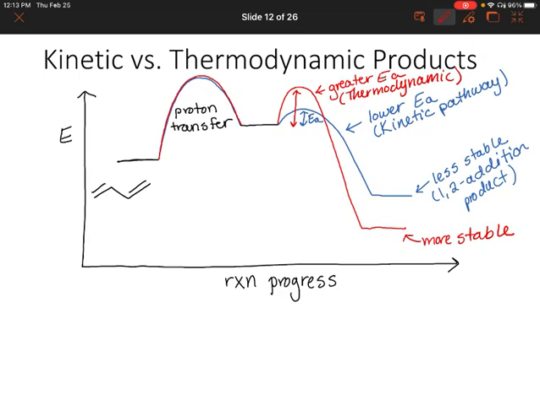It kind of depends. So I'm just going to say that in general, the thermodynamic product is the more stable product. And let's just draw little pictures of our products here. So again, the kinetic product was the 1,2 addition. And the thermodynamic product was the 1,4 addition product.